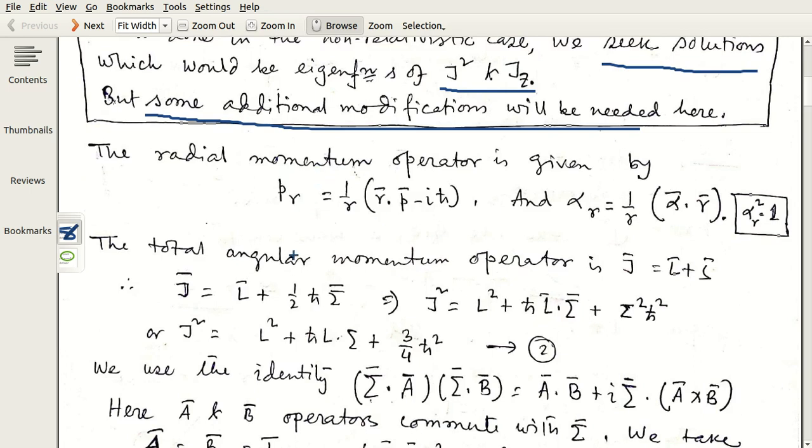And before we go into the detail, we just note two operators. In fact, we will use the radial form of the operators, and the radial momentum operator. Our momentum operator is p.